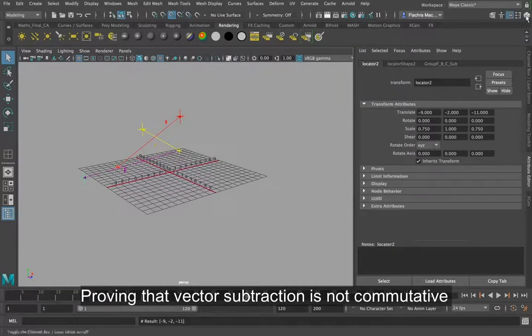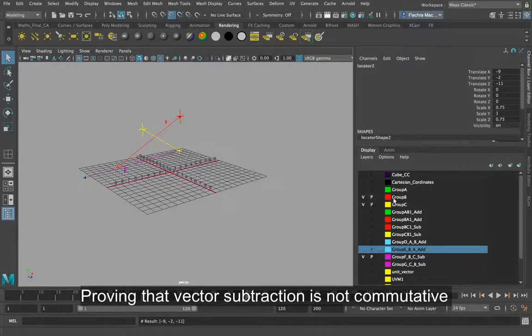Now we have our B and C, and if we again walk along to the head of B and get the head of C, that'll lead us down to the tail.